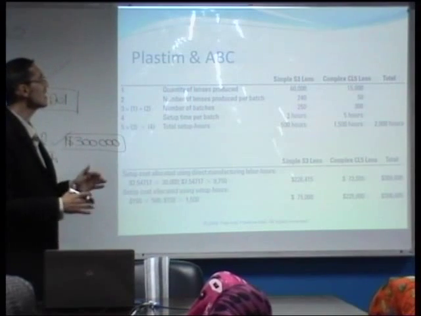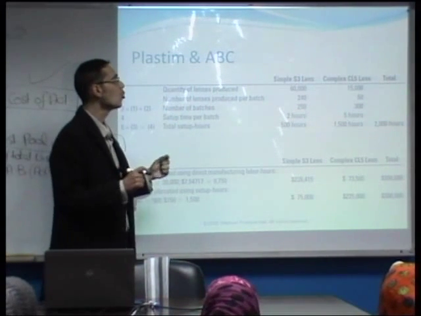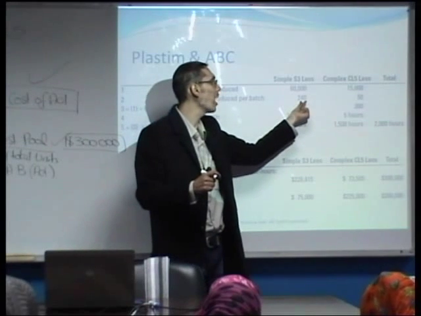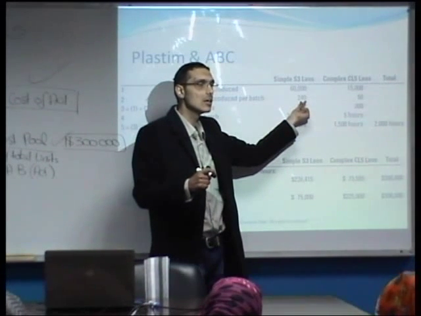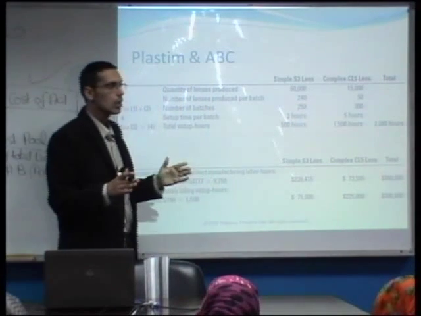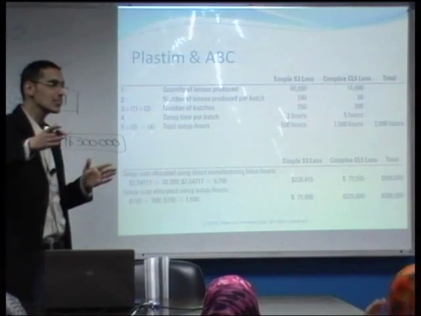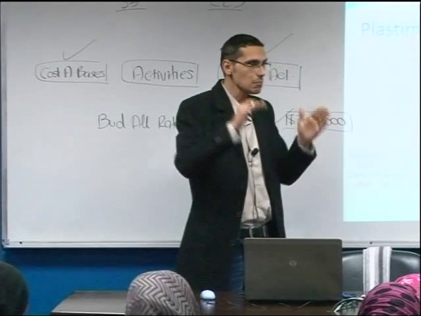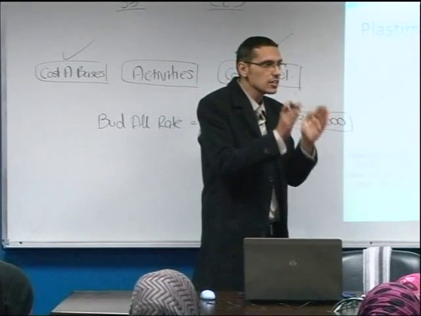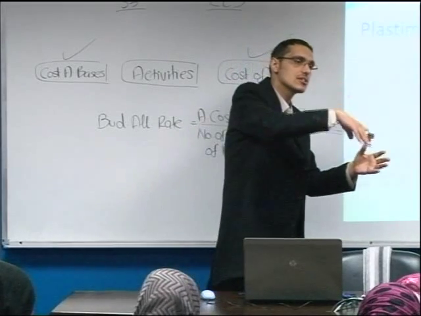Of course, they said that each batch would have 240 units. As you may know, the manufacturing process goes through according to batches. That means that after a certain number of units, we need to clean, for instance, the machines.